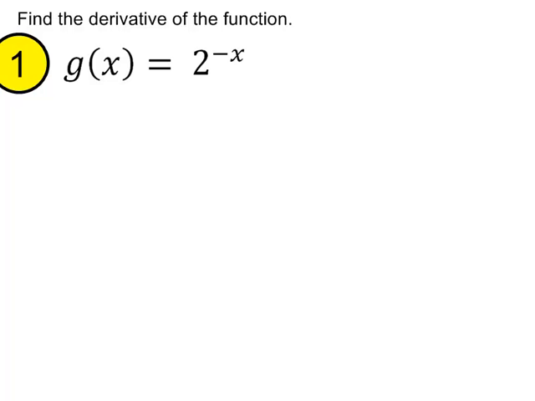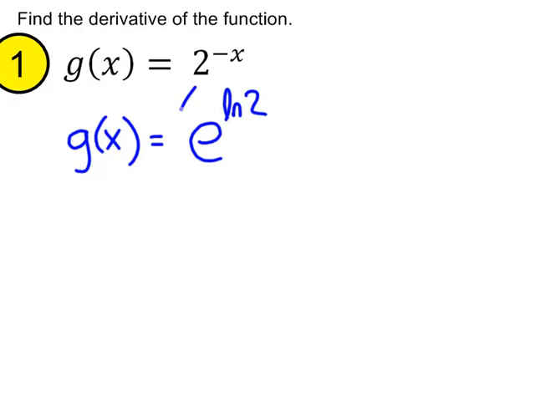Here we have an exponential function with base 2. And as we just finished discussing here, before we even get into the calculus, we're just going to rewrite g of x. We're going to rewrite that 2 as e to the ln 2. And then that gets raised to the negative x power.